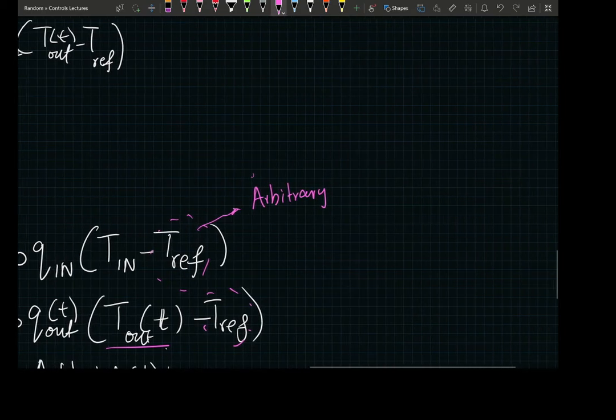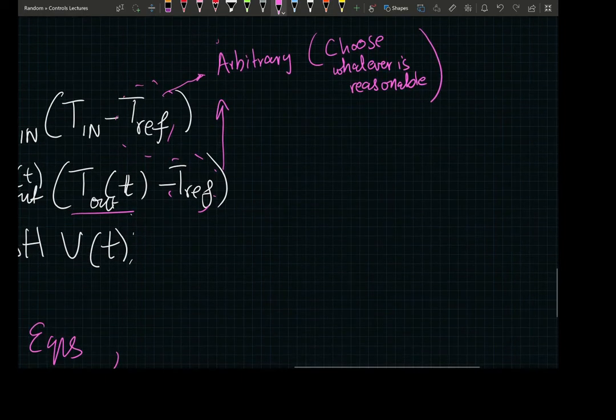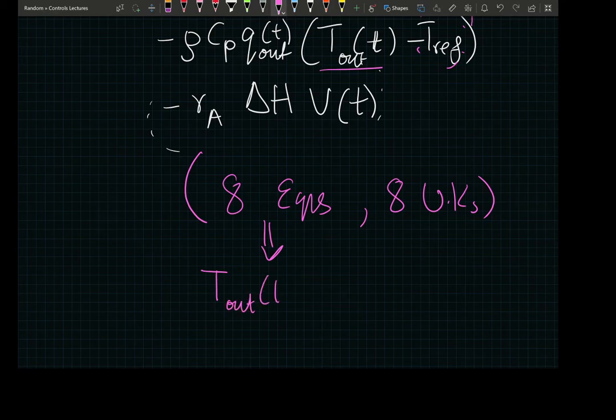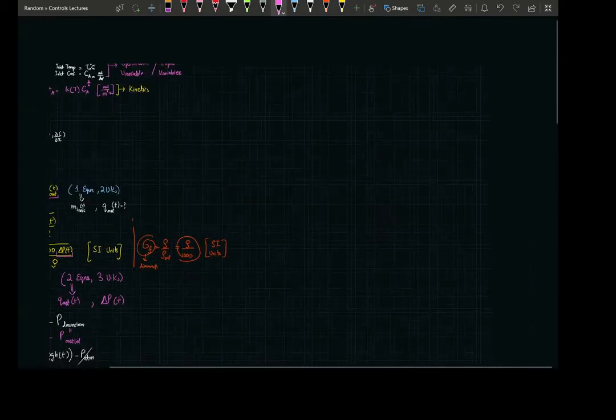You can choose whatever you want. Choose whatever is reasonable, just to make it explicit. All right, 8 equations, 8 unknowns. The 8th equation shall be responsible for the outlet temperature. And there you go, ladies and gentlemen. We have a total of 8 equations. Hold up, sorry.